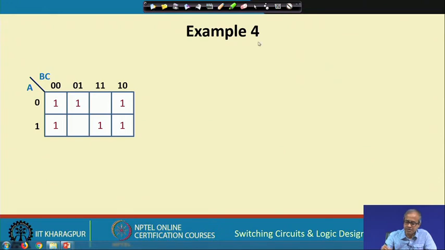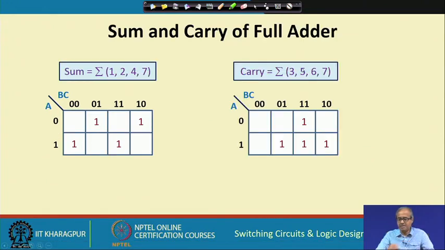Let us continue with our examples. Let us now look at a circuit which you have already seen earlier. We talked about a full adder. So, you recall what a full adder is.